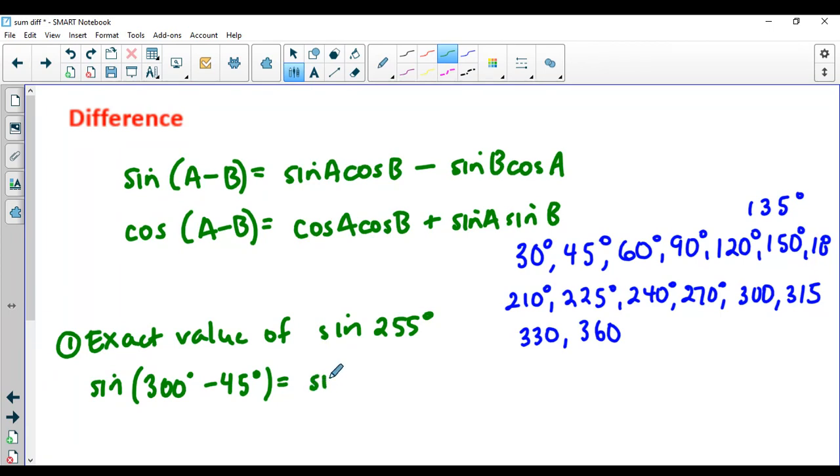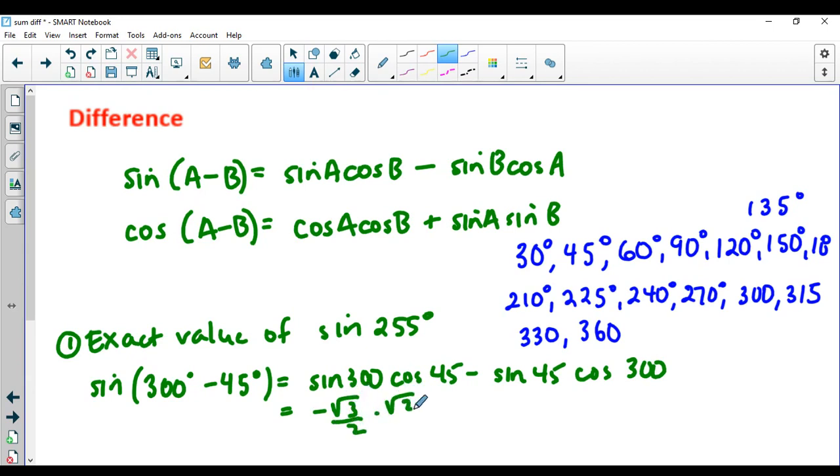Okay, so sine of 300 cosine 45, sine 45 cosine 300. So sine of 300 is negative square root of 3 over 2. Cosine 45 is this one.